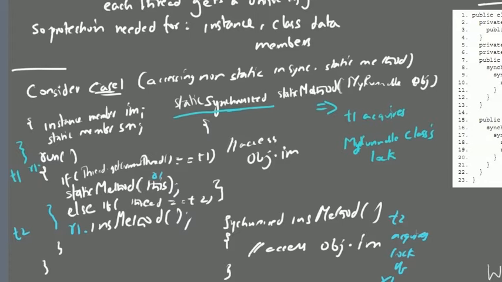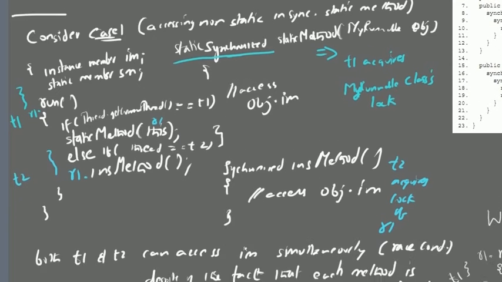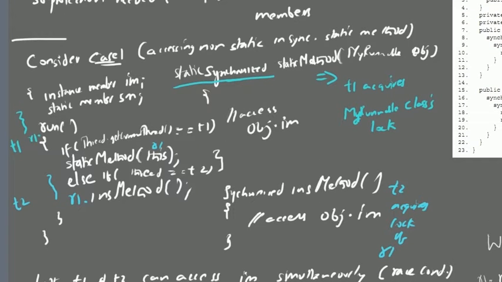And here I have a synchronized static method. Now what happens is, within the synchronized static method, I'm trying to access, using this instance, which is nothing but R1, obj.im, which is valid, right?